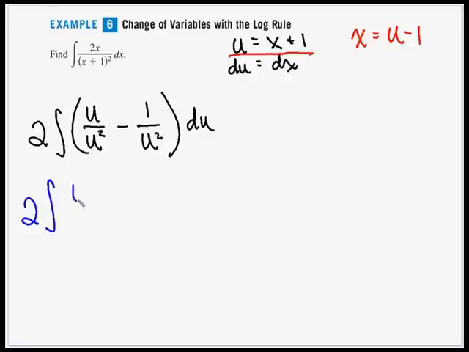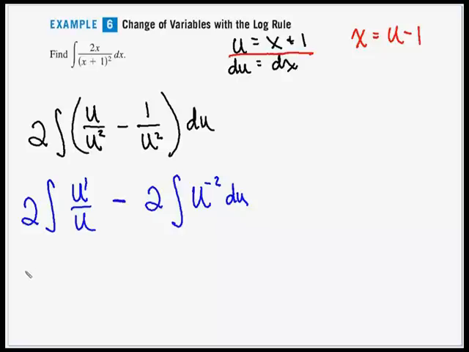So let's do that. U prime over u minus, we're going to have 2, and the antiderivative of 1 over u squared is u to the negative 2 du. Now we have a piece of it that looks like it fits the integration for logarithms, and we have this other piece here that we will not need to use our log integration on.